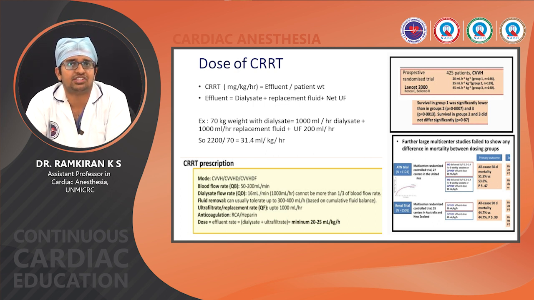But recent studies, that is the ATN trial or RENAL trial, showed that there is not a very large difference between the doses. So ideal dosing should be more than 25 ml per kg per hour. So the ideal dose should be around 30 to 35, not 45 or not 20.